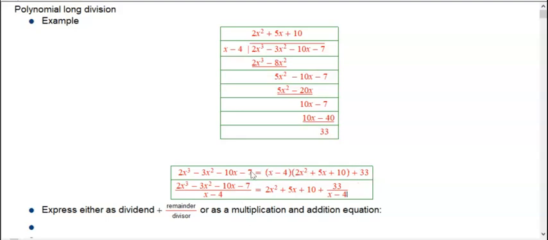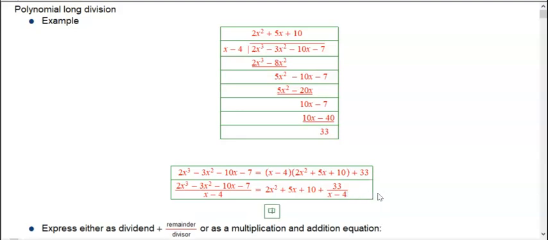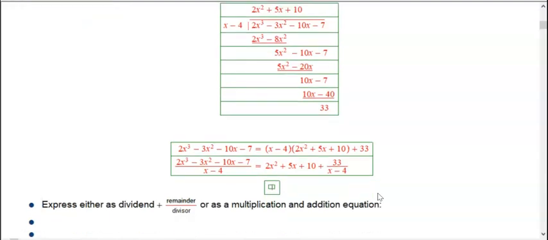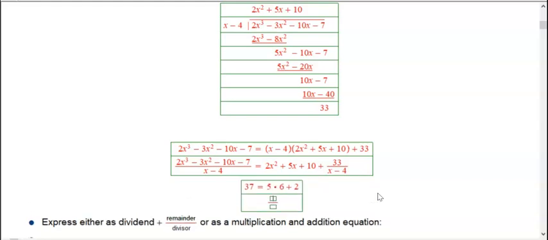If you take the top equation and you divide everything in it by x minus 4, you get the bottom equation. It's just the same as saying, if I say 37 equals 5 times 6 plus 2, it's equivalent to saying 37 over 5 is 6 plus 2/5.